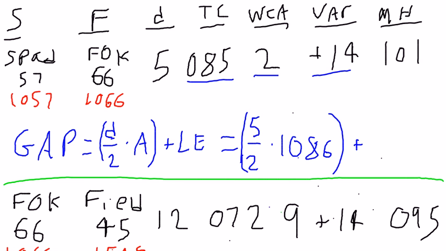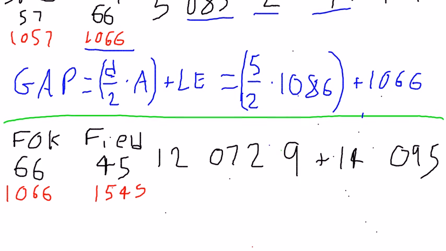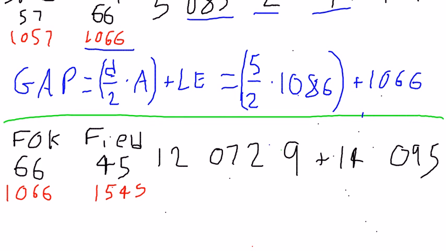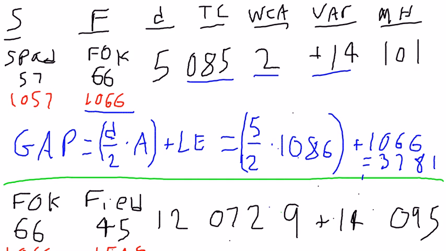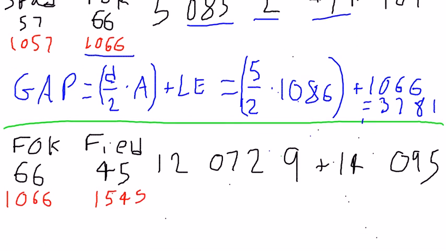You have to add whatever your landing elevation is, which is 1,066. Okay? If you do the calculation, you will get 3,781 feet. That's your go-ahead altitude once you reach your go-ahead point, which is halfway along the leg.